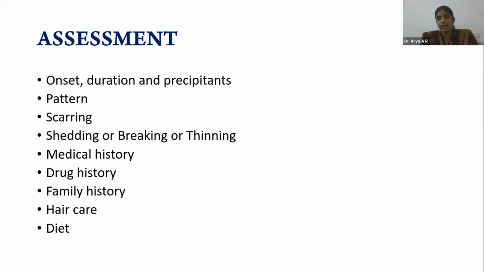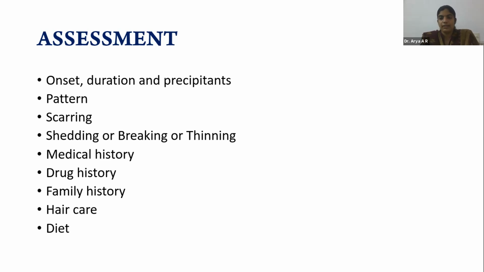The next one is drug history, what medications they are taking. And then family history, hereditary pattern. Is there any hereditary pattern in this? Then hair care, how they take care of the hair. That is how many days they wash their hair, what about shampooing, oiling. The overall care of the hair.